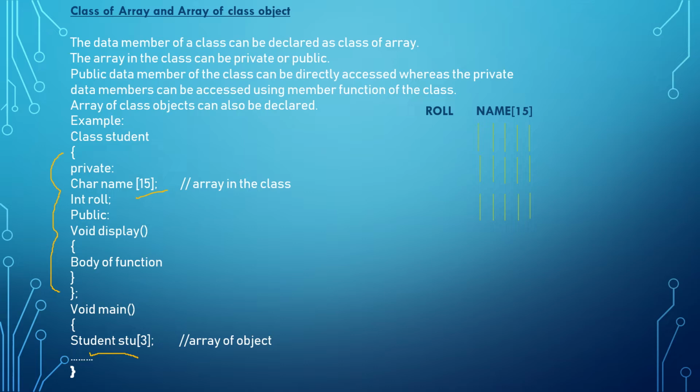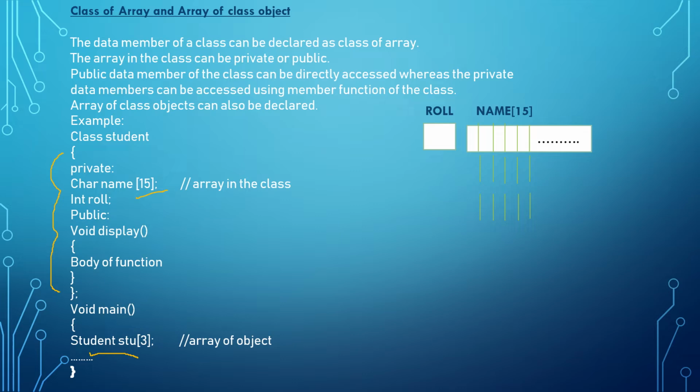Roll number will take one memory space of 2 bytes, as we know that an integer takes 2 bytes, and because there are 15 blocks of characters and a character takes 1 byte, it will take a total of 15 bytes in memory.